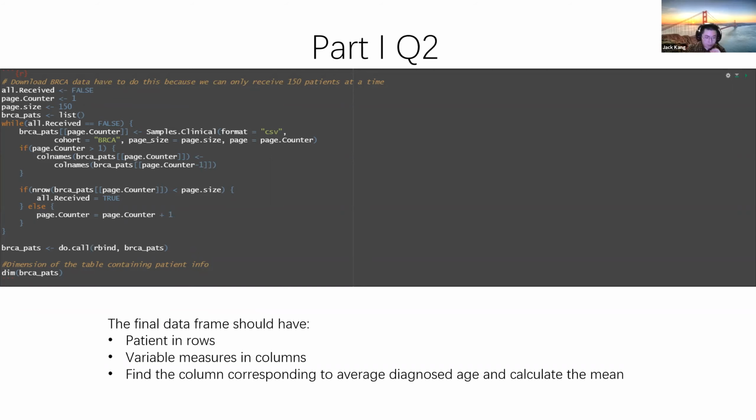So for question two, you will get a data frame in the end with patients in rows and a bunch of variable measures in columns. It asks you to calculate the average age at diagnosis. You need to find the column that corresponds to the age at diagnosis and just calculate the mean. The calculation part should be really easy.